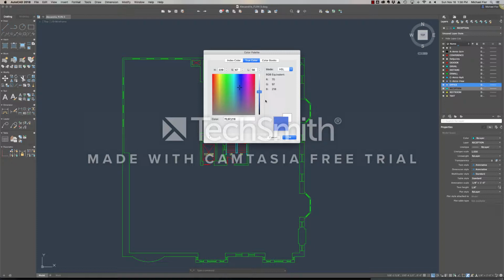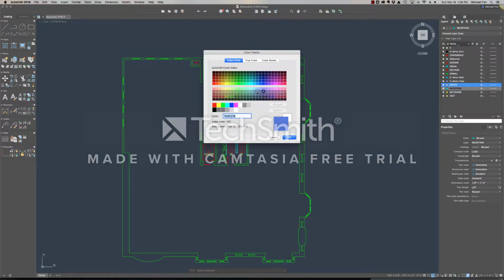A truly minor point to consider is that anything you pick in the true color palette does not have any effect on the weights of the lines that you make with that color. As I think I've mentioned before, AutoCAD index colors all have numbers. You can see down below there's a color number for it, and those numbers control the width of the lines in the AutoCAD drawing.